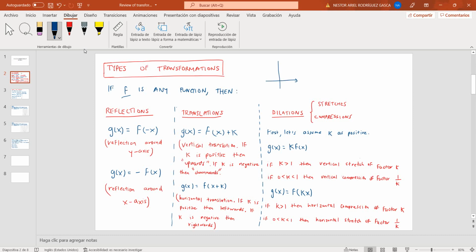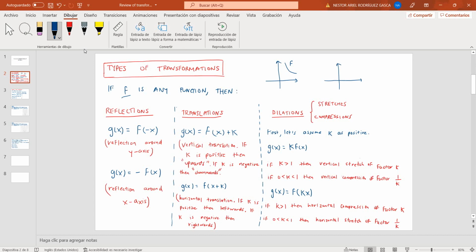If it happens that your function f looks like this, if this is f, the graph of the function f, let's suppose that, then the function g, if I'm gonna draw it, well, no, let's do it in the same axis, right?